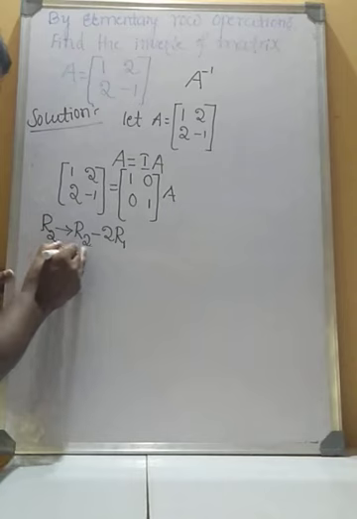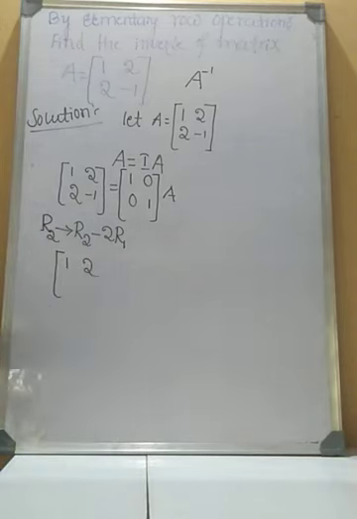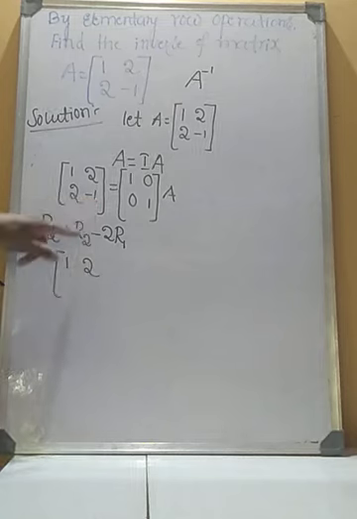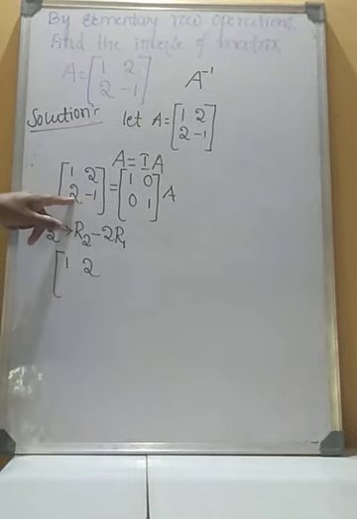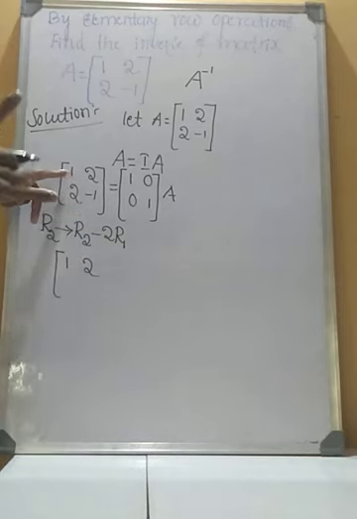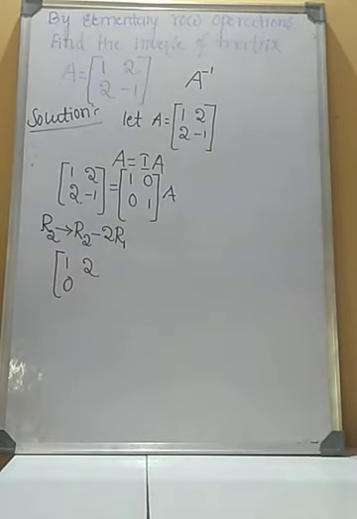So the first row elements have no change, as it is 1, 2. Second row first element is 2 minus 2 into R1, which is 2 minus 2 into 1, cancellation gives 0.